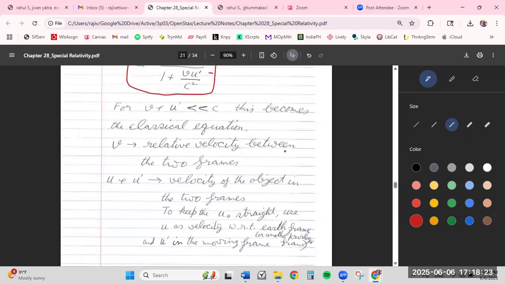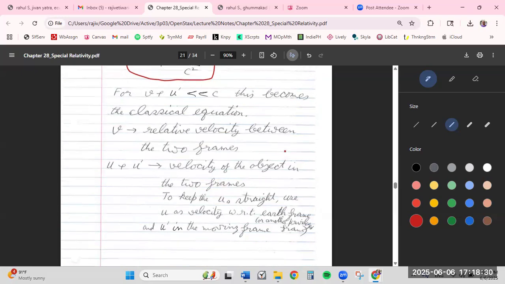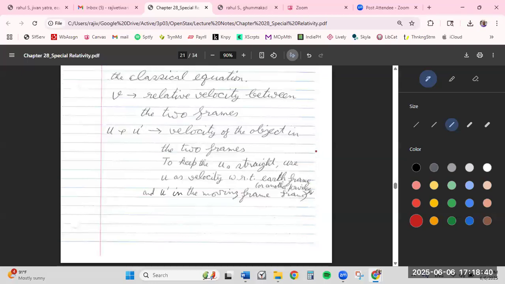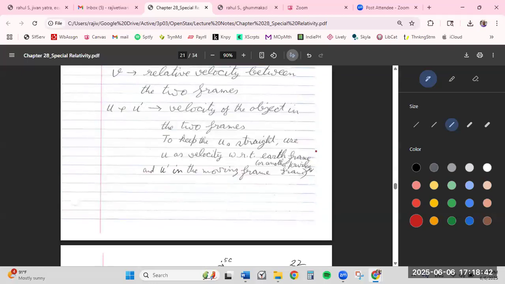So in the previous case, we had the frame of the sled and then the frame of the kid on ground. And v is the relative velocity between those two frames. And then u and u prime can be used to represent the velocity of the object in the two frames. So in the previous case, u would be the velocity of the snowball as measured by the girl on the sled, and u prime would be the velocity of the snowball as measured by the kid on the ground.